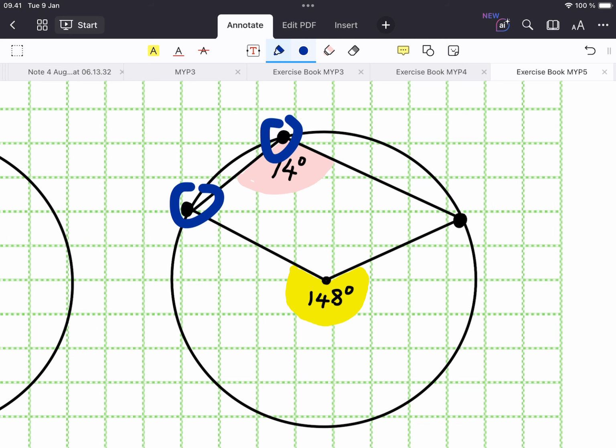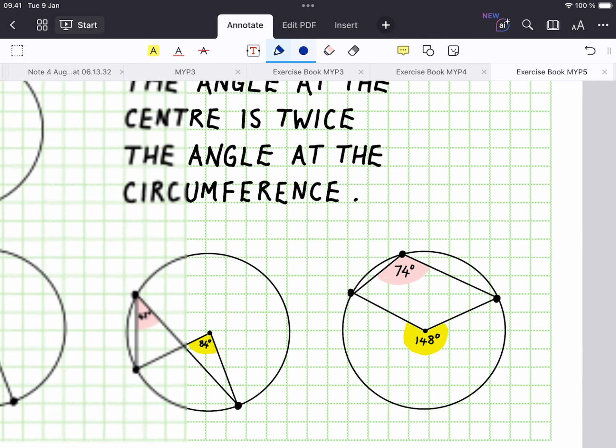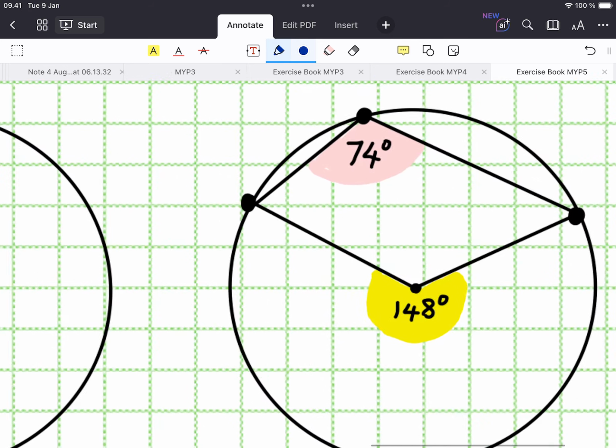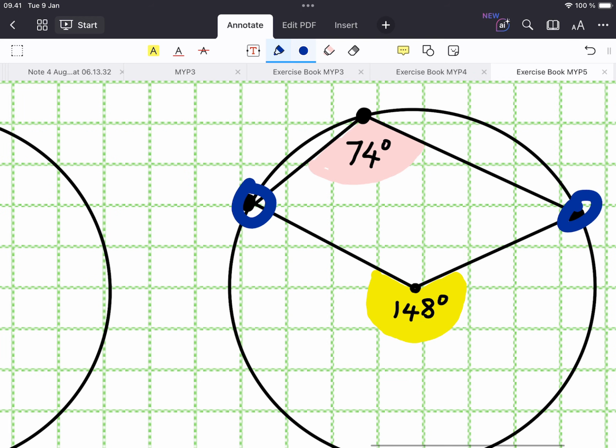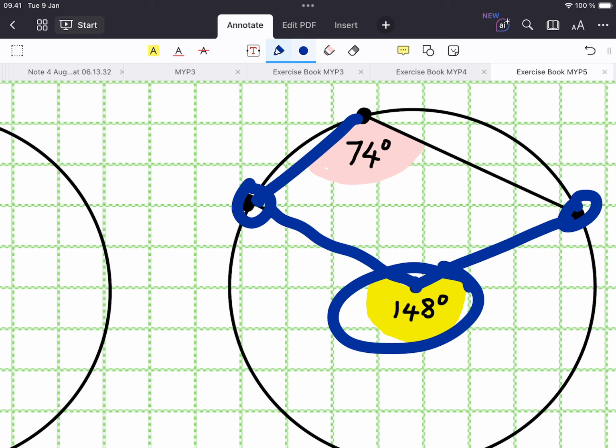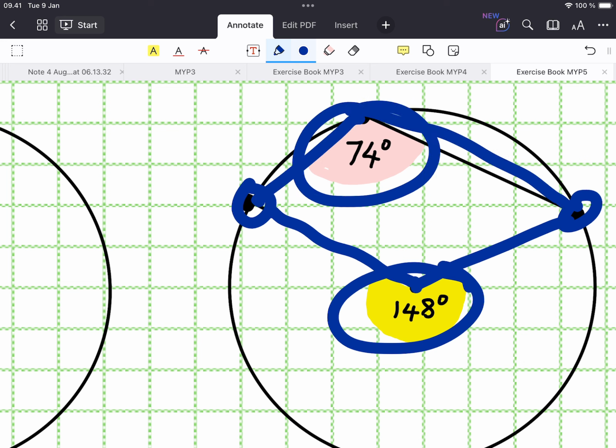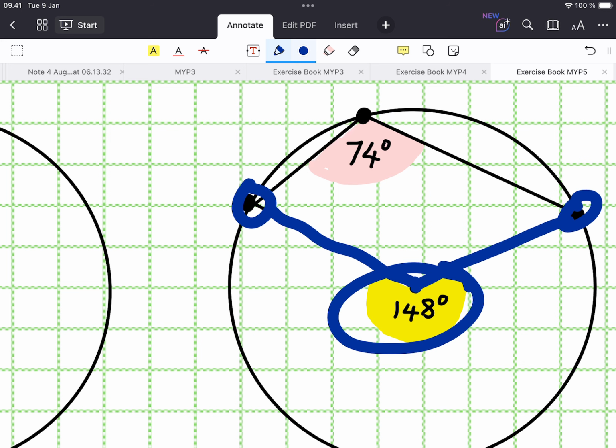So that's not a cyclic quadrilateral because not all of the vertices are on the edge of the circle, but it is the angle at the center is twice the angle at the circumference because you have the same 2 points making an angle at the center, 148, and an angle at the circumference, half of that, 74.